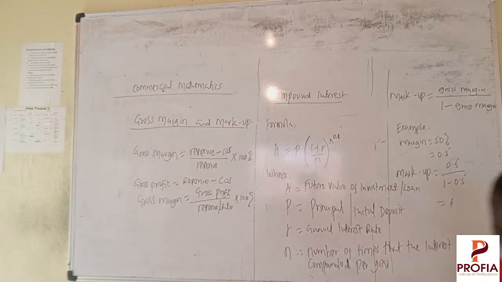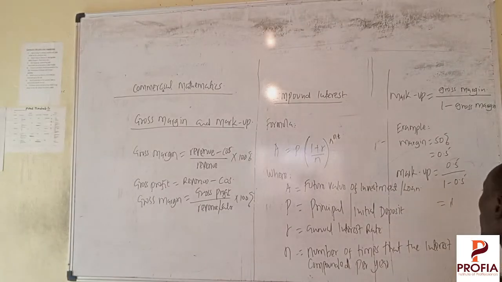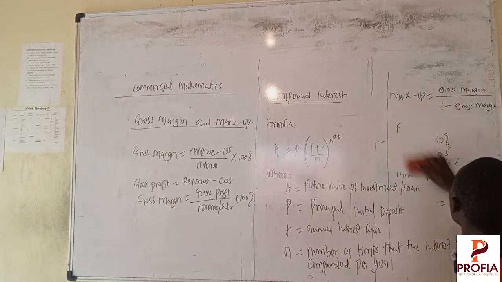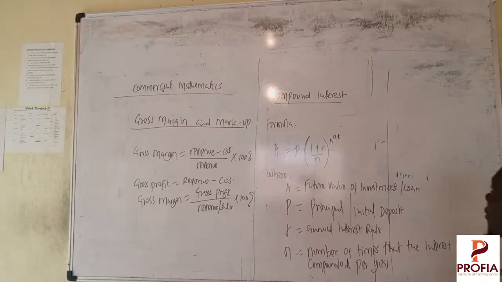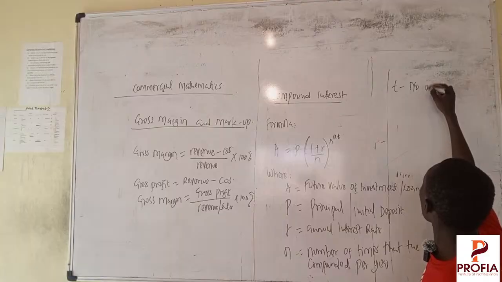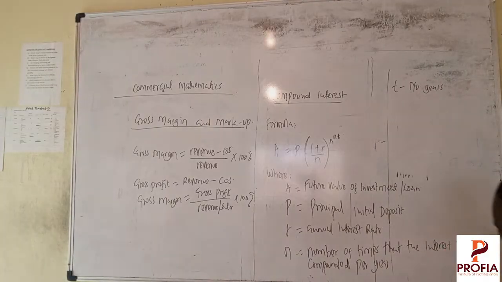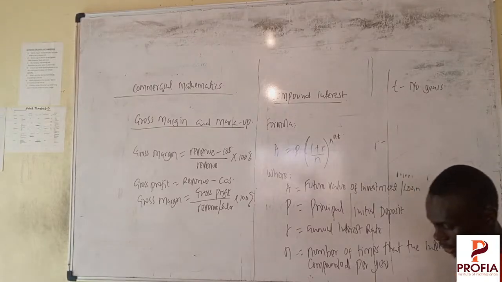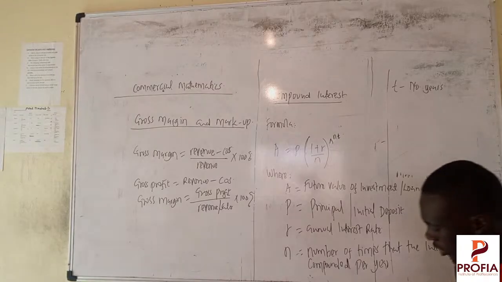Then T, number of years, is the number of years the money is invested or borrowed.